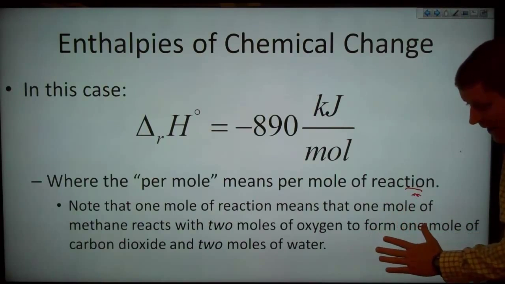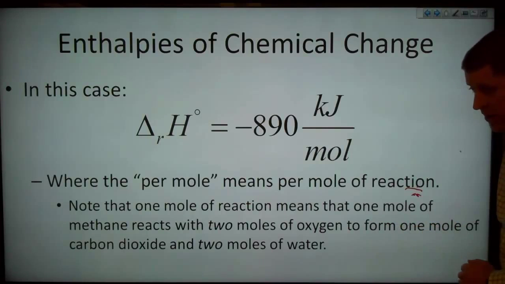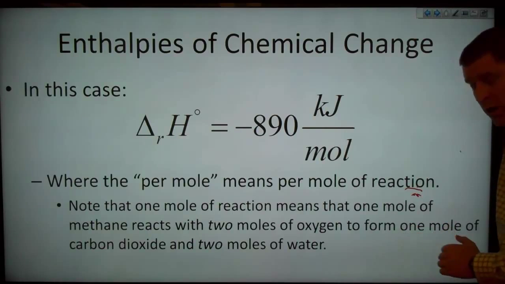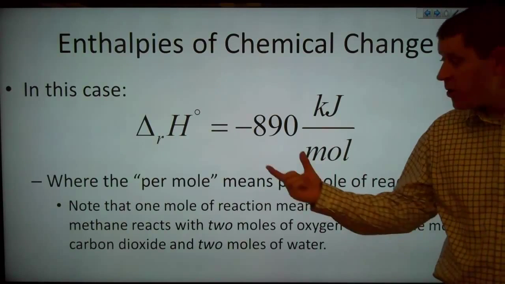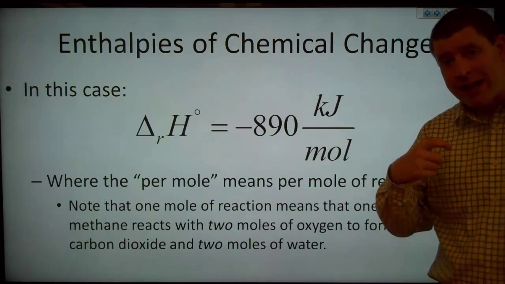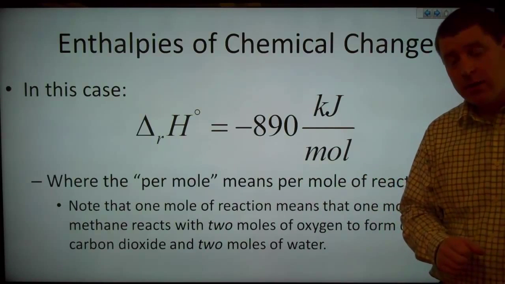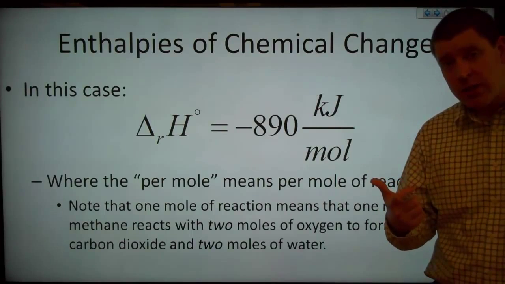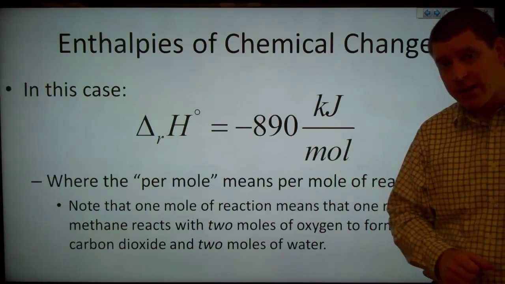And note that 1 mole of reaction means that 1 mole of methane reacts with 2 moles of oxygen to form 1 mole of carbon dioxide and 2 moles of water. Also note that the negative sign there means that we're getting energy out of our reaction. That is, our products have a lower enthalpy than our reactants do.